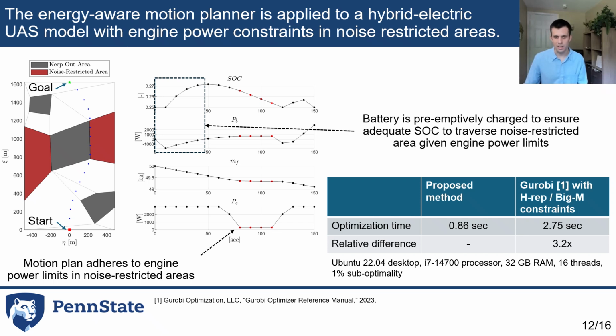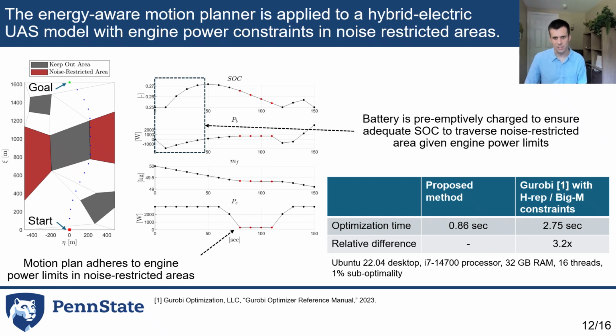And we can see on the top that the motion planner has taken preemptive action to charge the battery in anticipation of entering a noise-restricted area. It's making sure that it has enough battery energy available to get the vehicle through the noise-restricted area while on limited engine power.